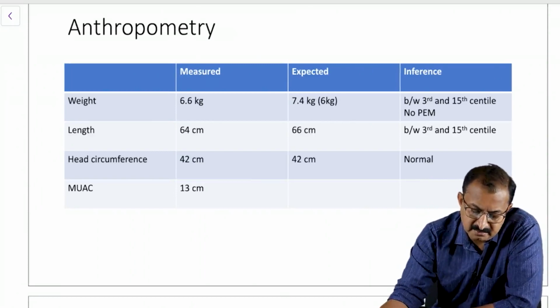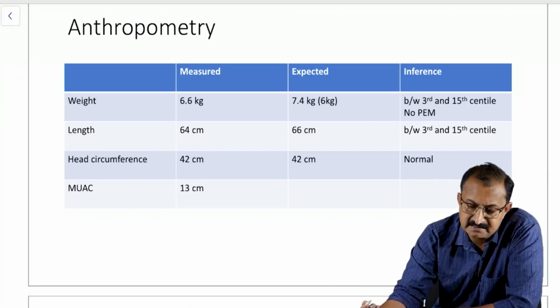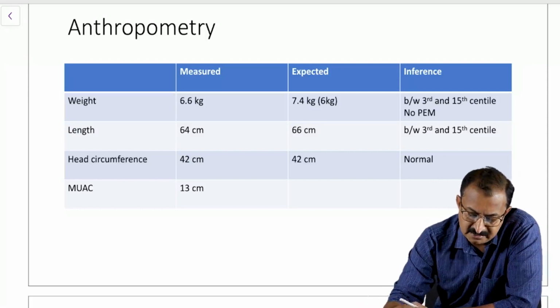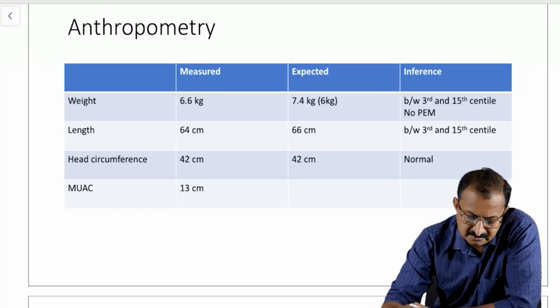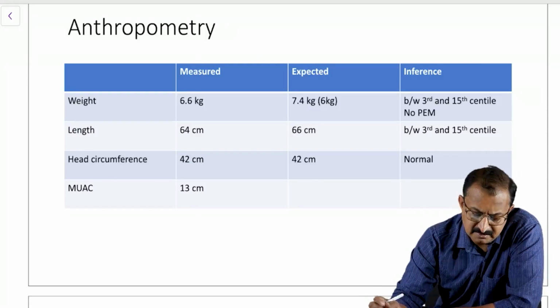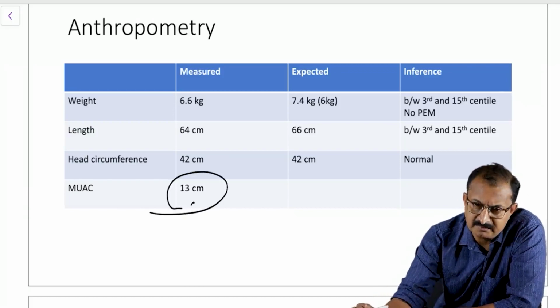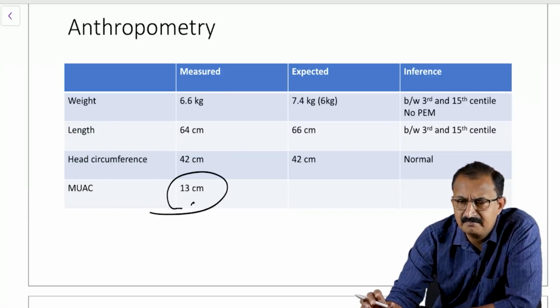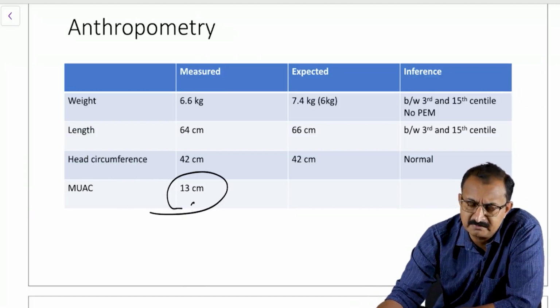Length is 64 centimeter, expected is 66, which is normal. Head circumference is 42, normal. Mid upper arm circumference 13 is slightly on the lower side, but not very important in a 5-month-old baby. You take the mid upper arm circumference only after 6 months of age.